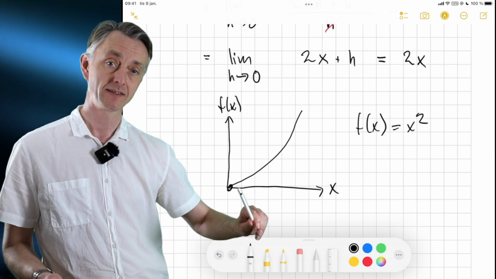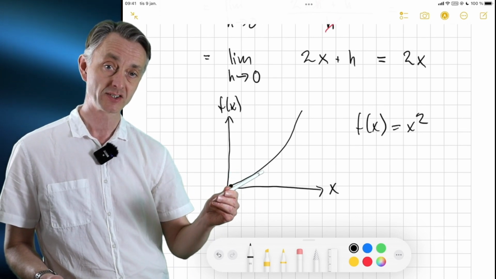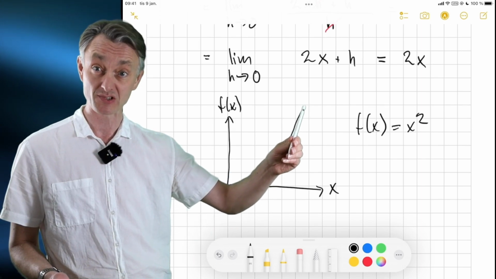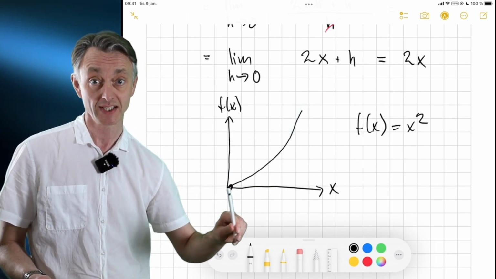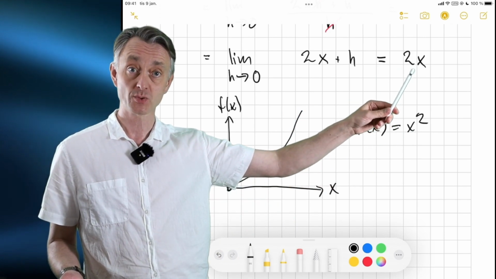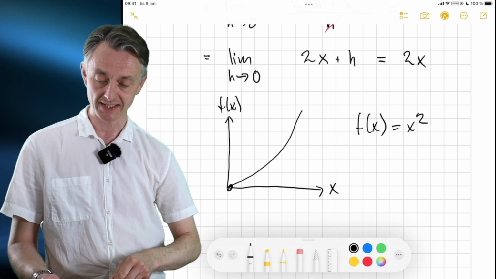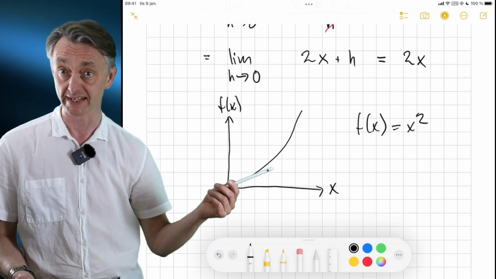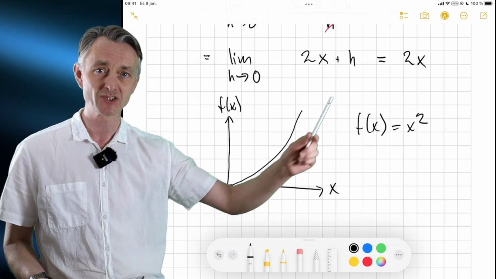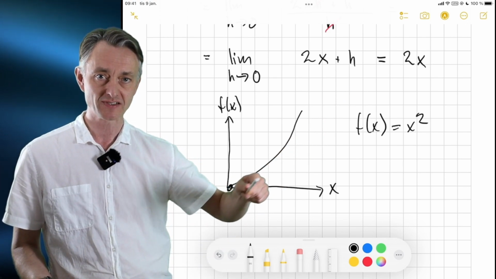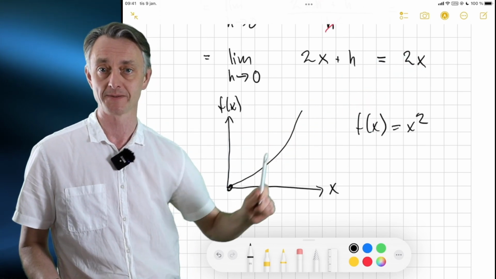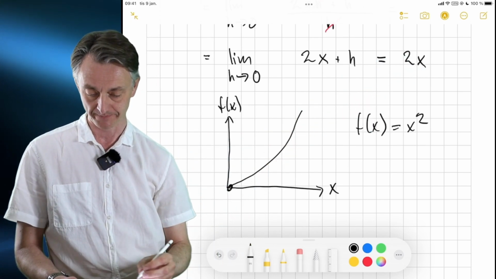And we can see that the slope here is not so steep and gets steeper and steeper. So the slope should increase, right, as we increase x. And we see here that the slope is twice x. So the slope gets steeper and steeper, which makes sense. So it might sometimes be a good idea to double check: this is the function, it looks like this, and the derivative is twice the x that you are evaluating at.